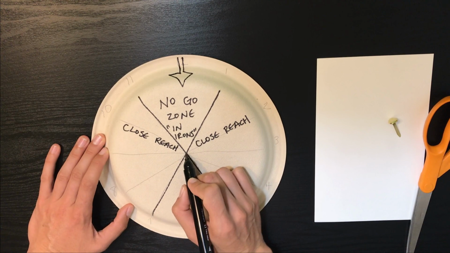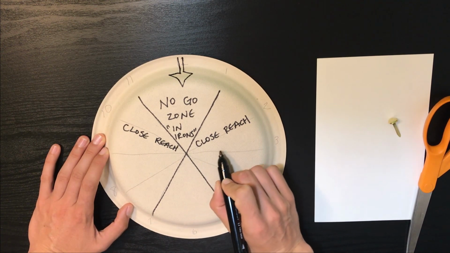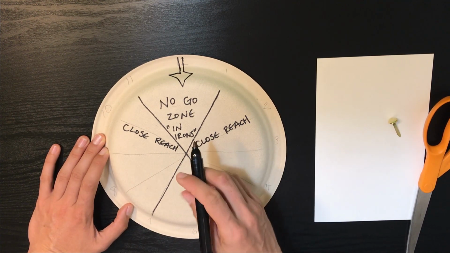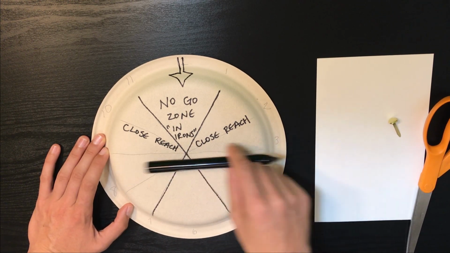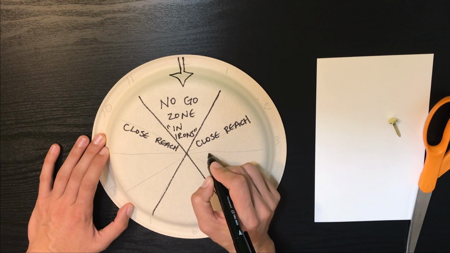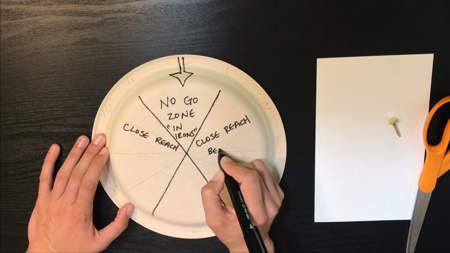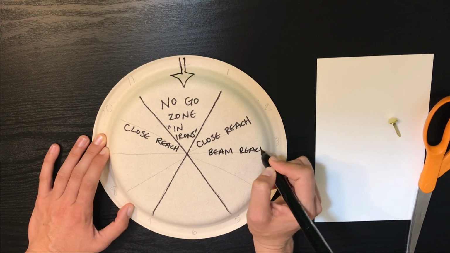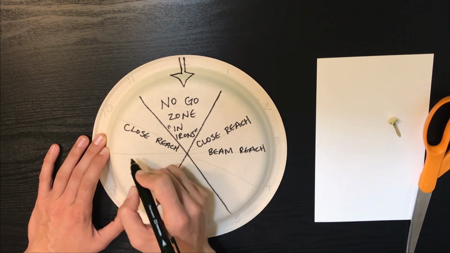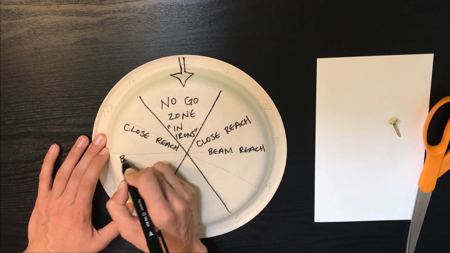Now, what's it called when the wind comes over the beam of the boat, the side of the boat? When we turn 90 degrees away from the wind, when we move sideways to the wind, that's called a beam reach. The wind is coming over the beam of the boat. And it's called beam reach if we're pointed that way too.